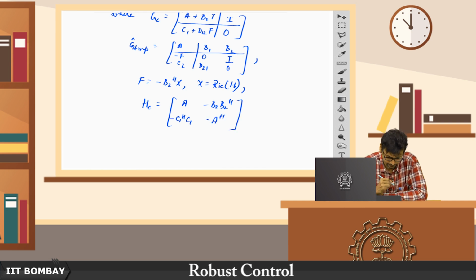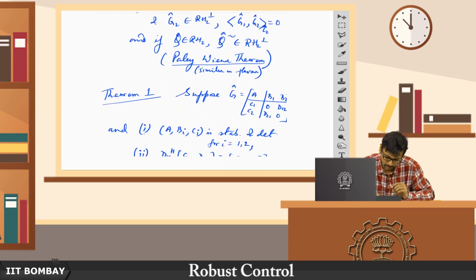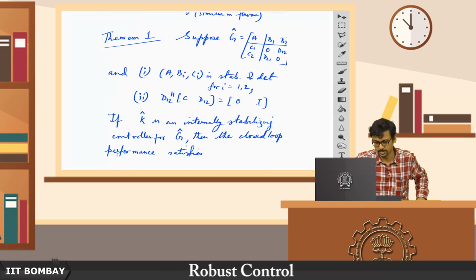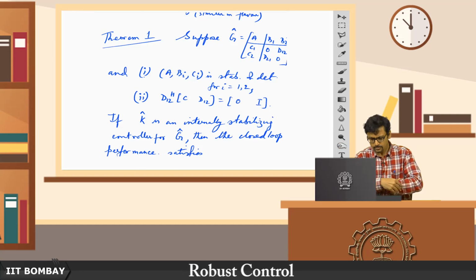Okay. So, tracing our steps back, what do we see? You have been given a plant. So, to summarize things, you have been given a plant specified by A, B1, B2, C1, C2, D12, D21, like so.